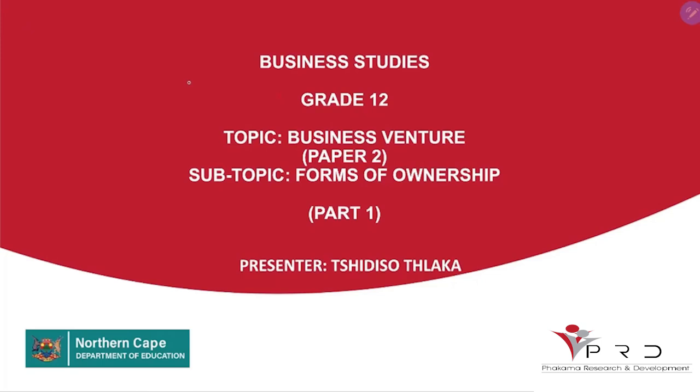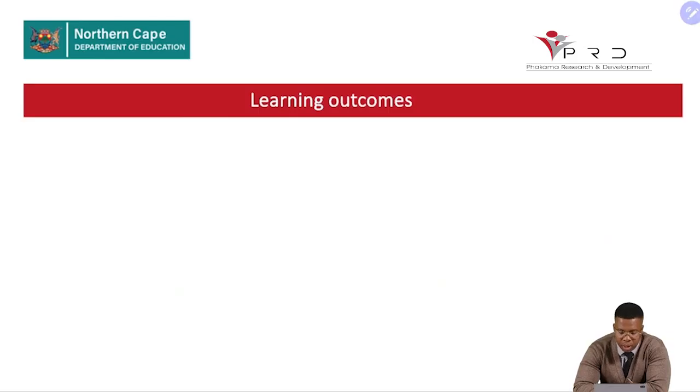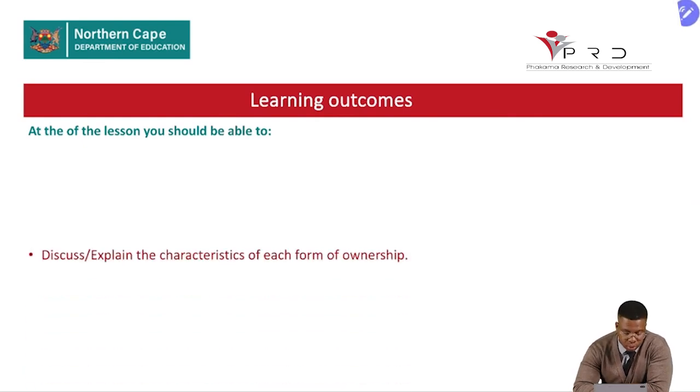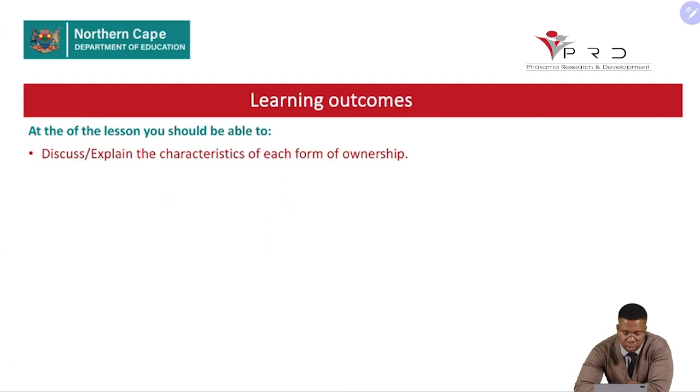So we'll be looking into ways in which a business can be owned or controlled when we look into various forms of ownership. Now, let's look into our learning outcomes. At the end of this lesson, you should be able to do the following: discuss or explain the characteristics of each form of ownership.